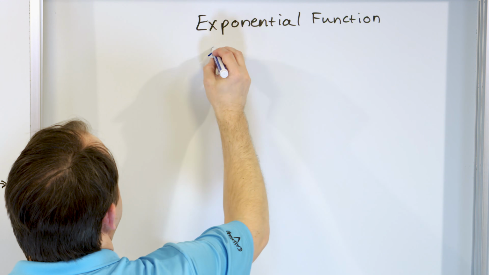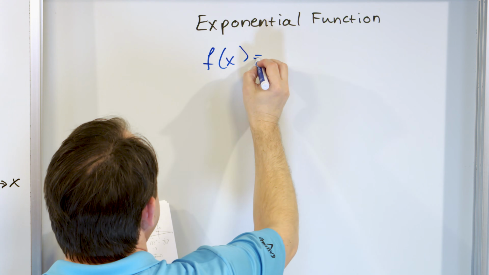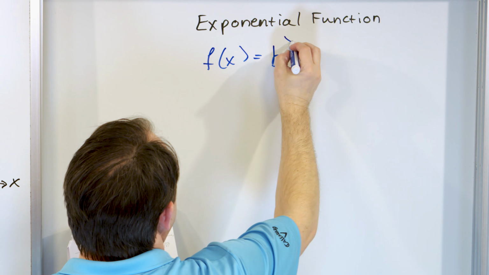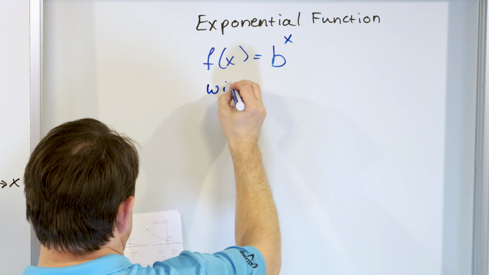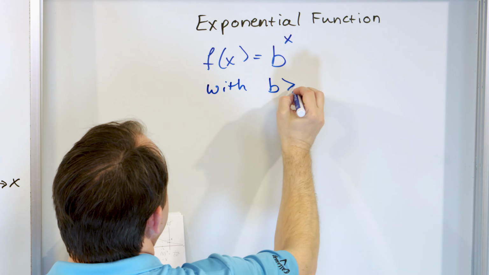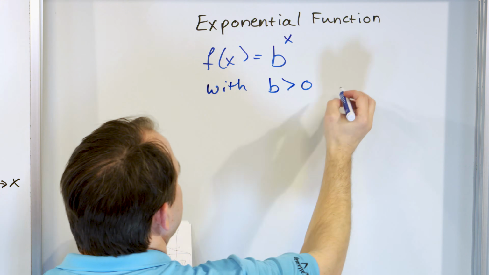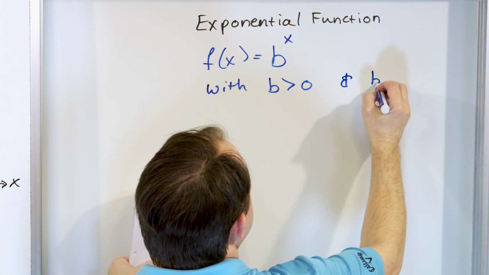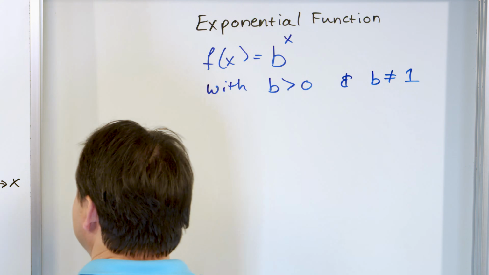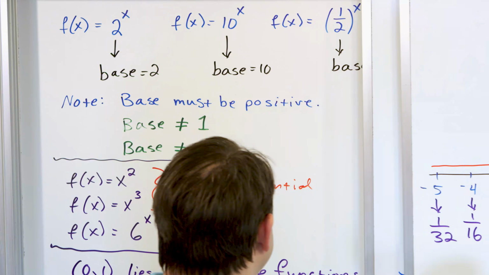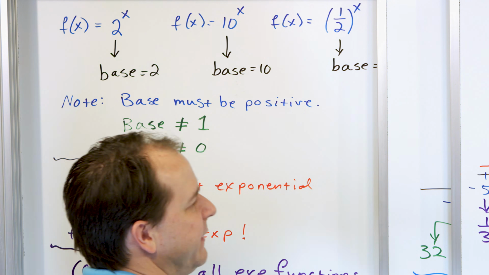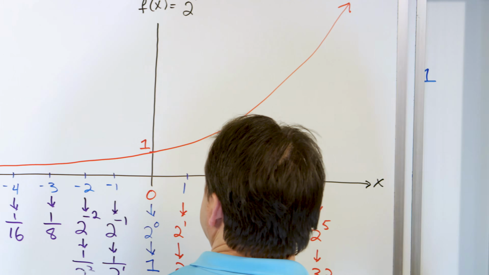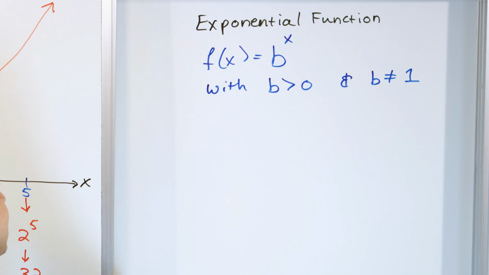It is a function, f of x is equal to some base b to the power of x, with b greater than 0. The base has to be greater than 0, and b is not equal to 1. This is exactly what I told you in the beginning. I told you the base can't be 0 and the base can't be 1, but the base must be positive, okay?